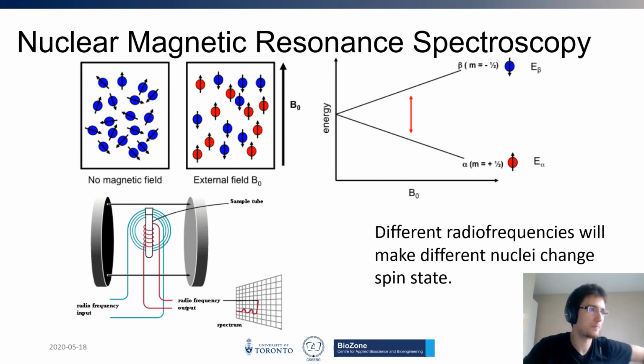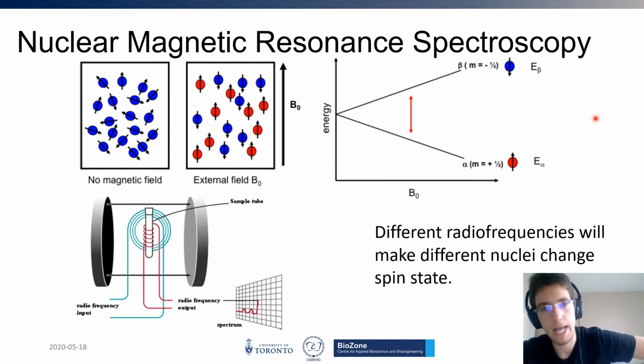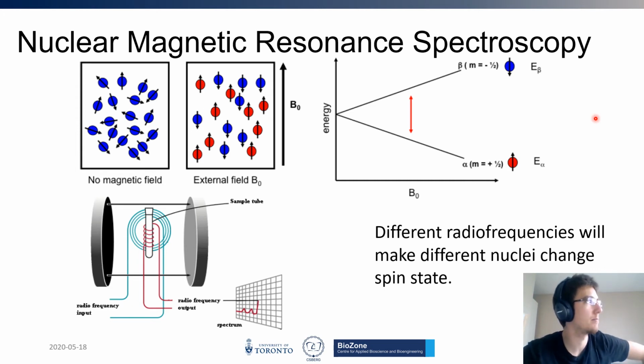Okay, so the general idea behind how NMR works is that if you have an atom that has an odd number of protons or an odd number of neutrons, right, that atom has a certain level of angular momentum.